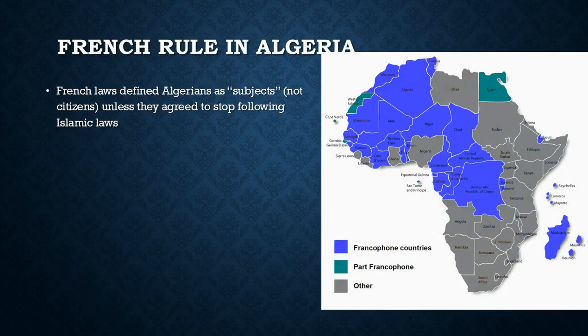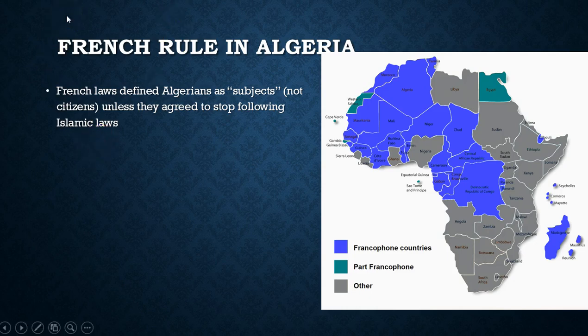And French laws, this is where we get into that assimilation piece, defined Algerians as subjects. They did not define them as citizens unless they agreed to stop following Islamic laws. These Islamic laws covered things such as marriage, divorce, and other cultural and societal beliefs that really governed how they lived their lives.